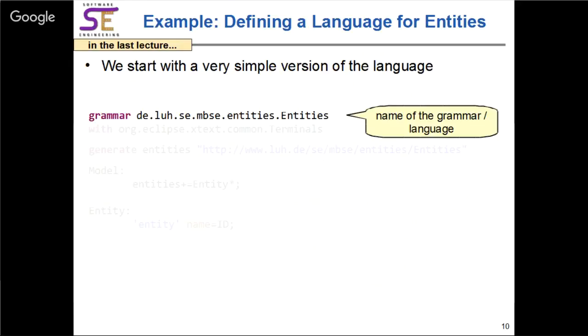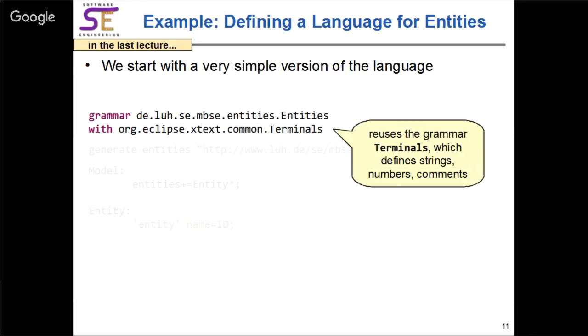Usually you give the name in the form of a string that you typically use for namespaces, and then you can import certain grammars, like you import libraries.